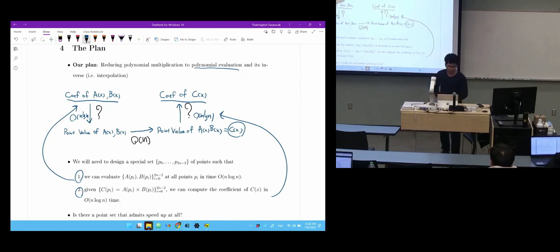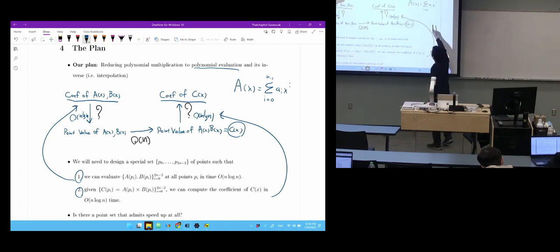Okay. So now, how come this set exists? Well, suppose that you want to evaluate A at one point, how does A look? A is a sum of n many terms.